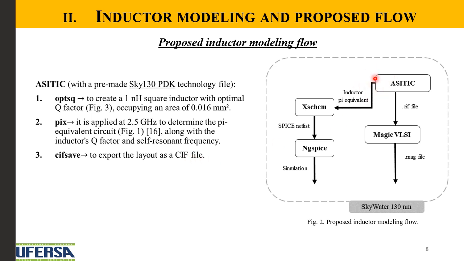So as you can see here, after ASITIC creates the inductor, its pi equivalent is used with Xschem plus ngSpice to run the simulation, and the CIF file is used in Magic to create the mag file.